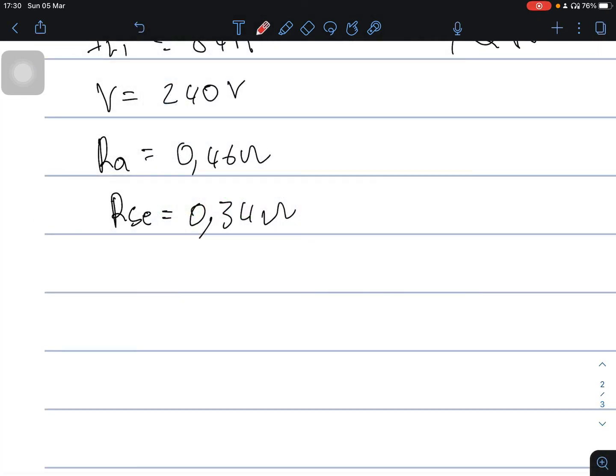Here is our circuit for the first condition.